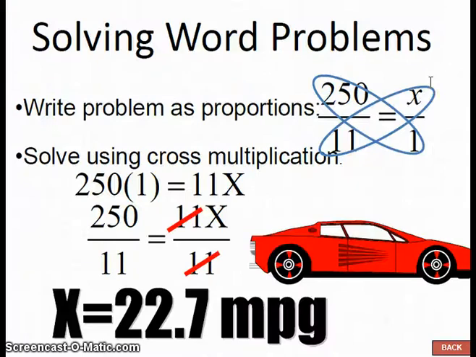Okay, so all we do is basically we're just dividing. Okay, so 250 divided by 11, and then we'll get 22.7 miles per gallon. And when I say miles per gallon, that means per 1 gallon. So that is a unit rate because it's per one.